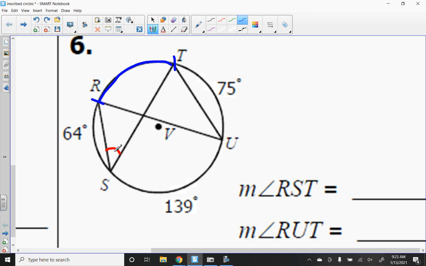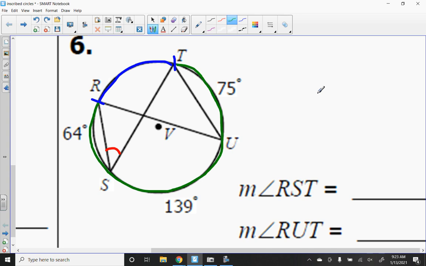So how am I going to find this angle? I will find the arc RT, and if you pay attention, everybody, hopefully you're seeing it, it does give you every single arc here. So that means this long green arc here plus this smaller RT will add up to 360.